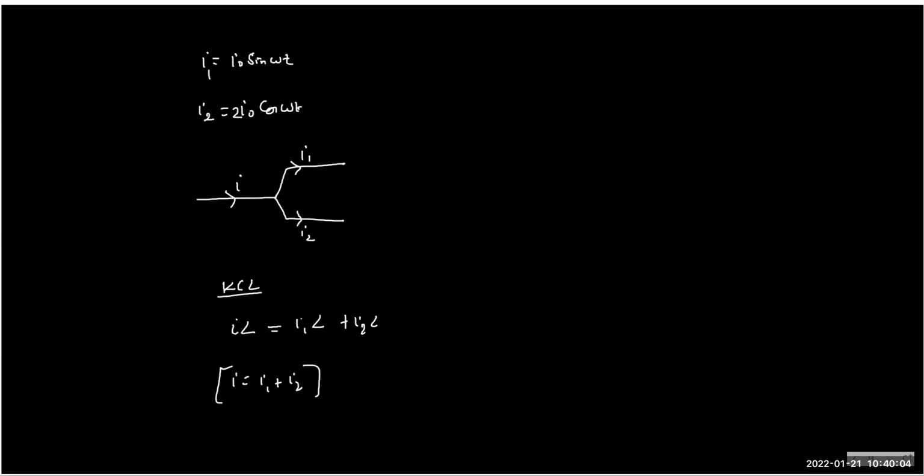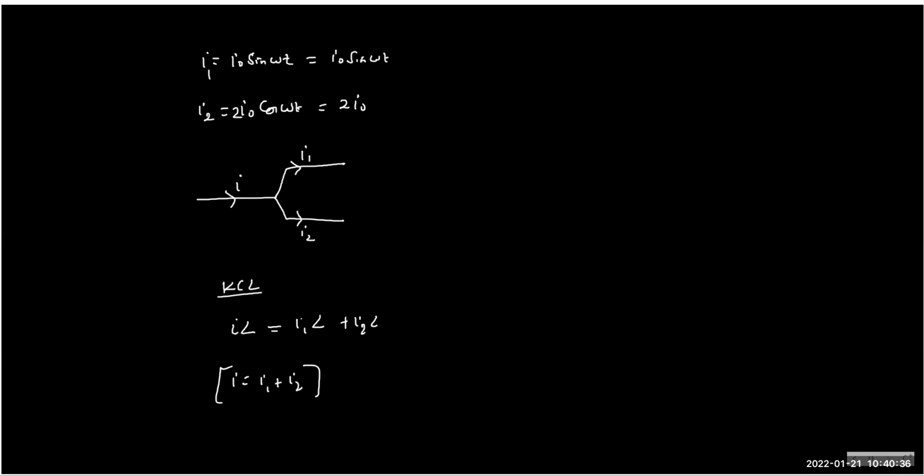So how can we add these to get the answer? It's very simple. Mentally, you need to always take care of this: although we are adding, we cannot just add.